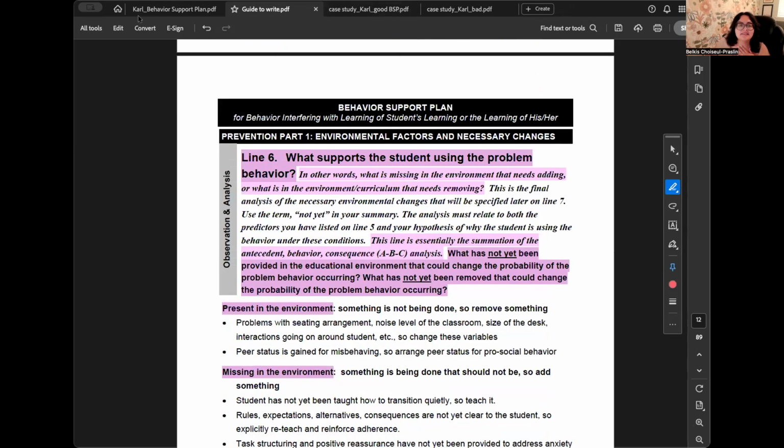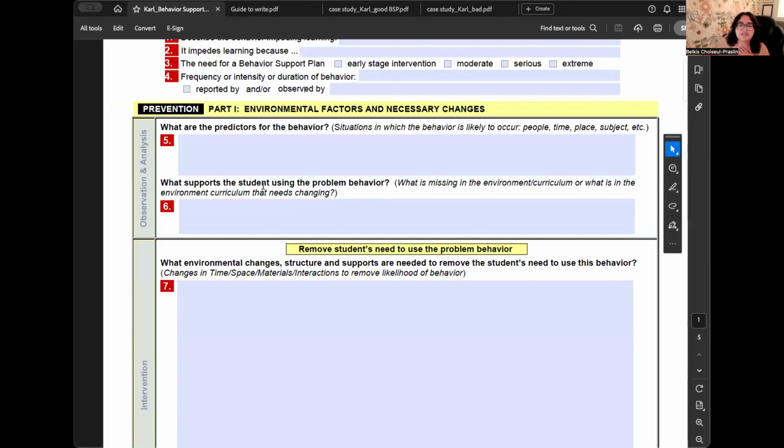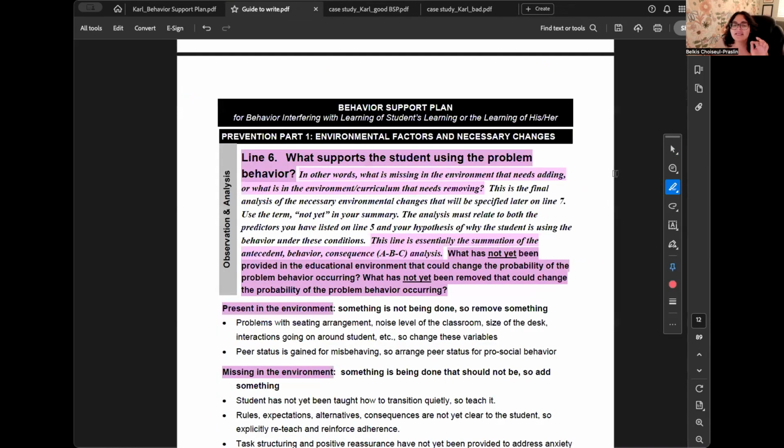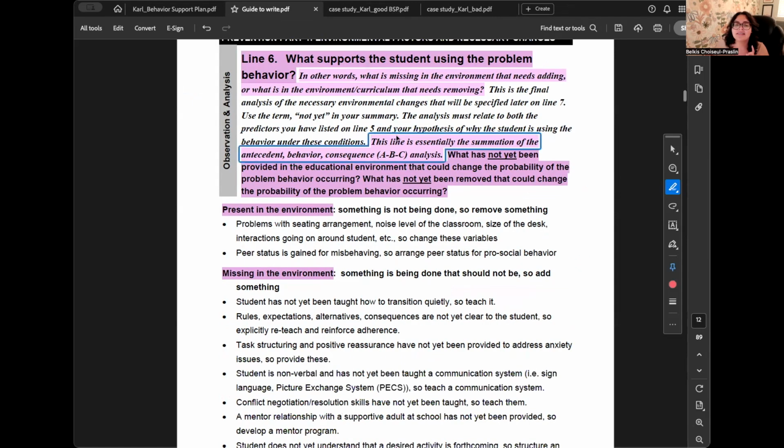Line number 6 is what supports the student using the problem behavior. So what keeps that problem behavior going? We are not talking about what we're going to do to it yet. We're not at that point. At this point, we are essentially summarizing our ABC data, our analysis. What happens before? We know what the behavior is. What happens after?